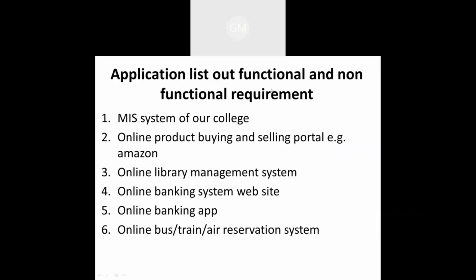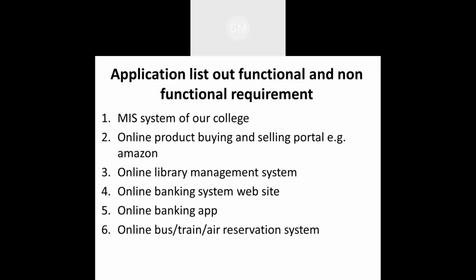Now, students, for the TAE 1 topic, okay. The question is like this. Just now I am going to tell you only one question. The remaining two questions I will tell you afterwards, after teaching that particular topic. The first question is that these are the applications which are listed on the PPT.